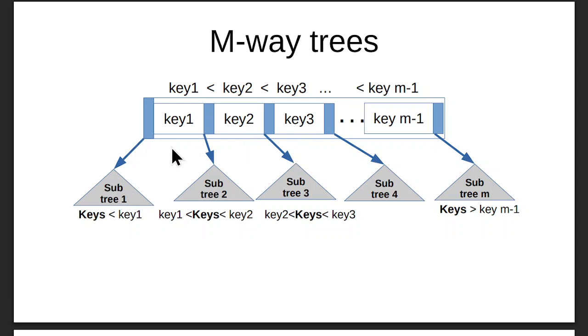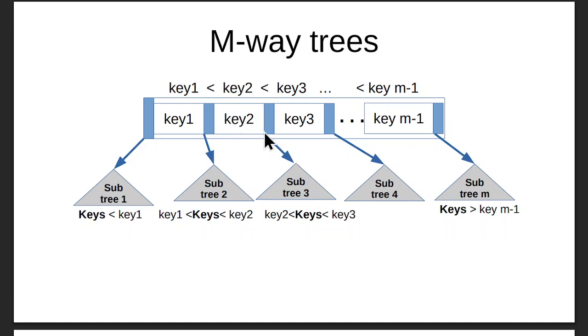Regarding the subtrees, the left pointer of this main node contains all key values that are less than the first entry key value. The right pointer of each entry node, for example, this is the first entry node with key value 1, and this is its right pointer, and then this is the second entry node with key value 2, and this is its right pointer.